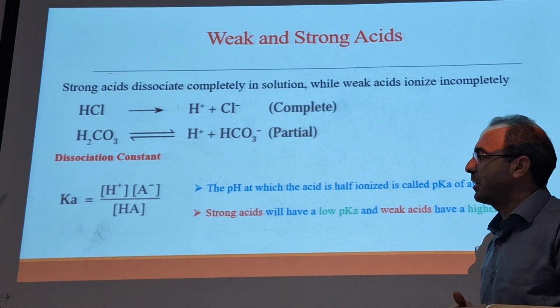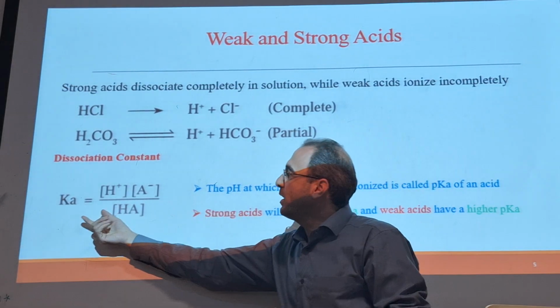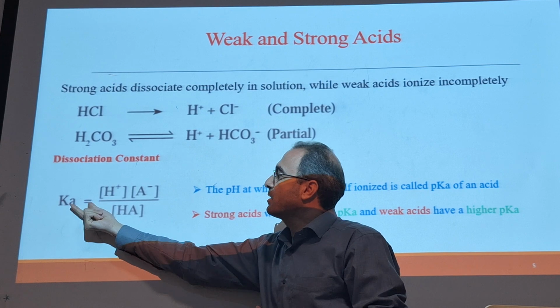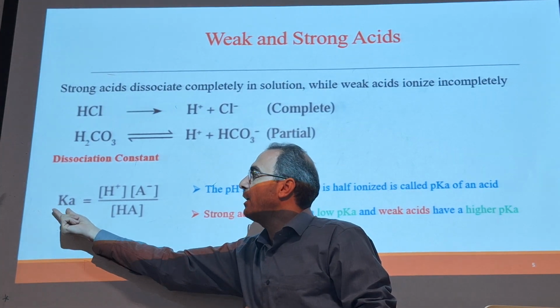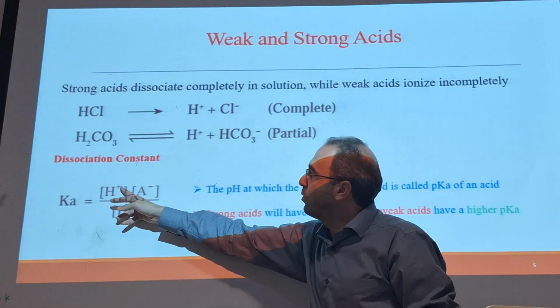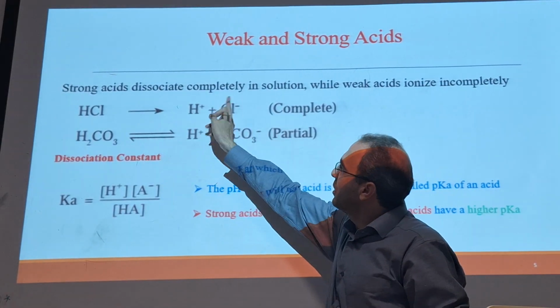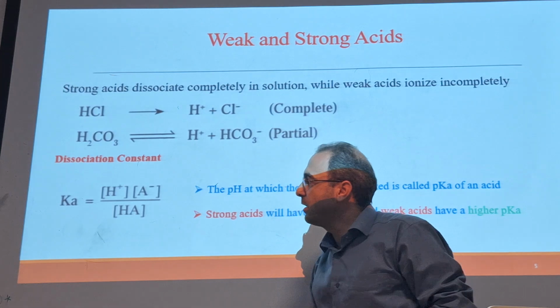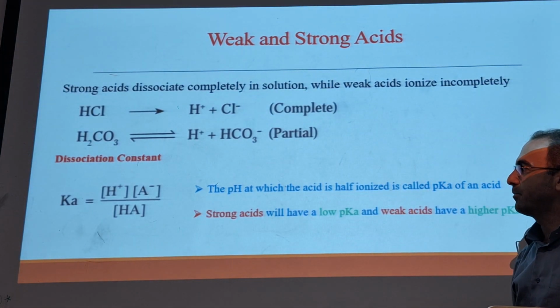is going to separate. Here we have a formula called Ka, or the dissociation constant, which is equal to the concentration of these two products over the precursor.